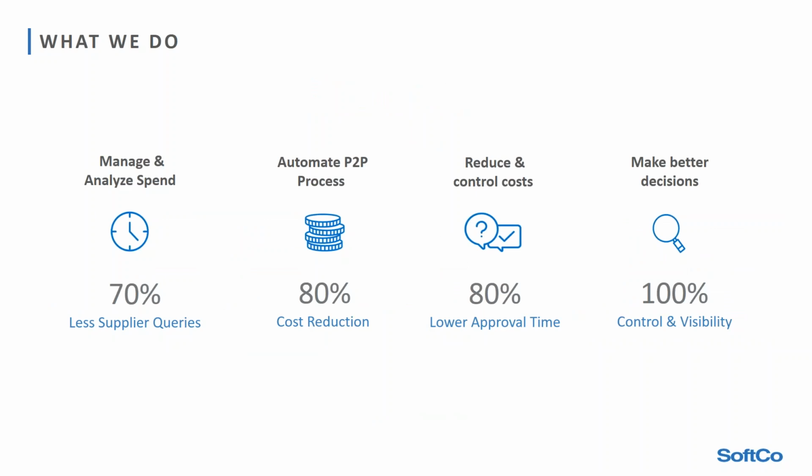In terms of the metrics we're looking to gauge and measure ourselves on across a lot of the functionality around the finance AP processes: managing and analysing the spend and procurement, automating the whole P2P process, reducing the control and costs, but ultimately allowing the business to make better decisions through better control and visibility, offering a lower approval time, and cost reduction in terms of the timing and processing time associated with each invoice and purchase order process.